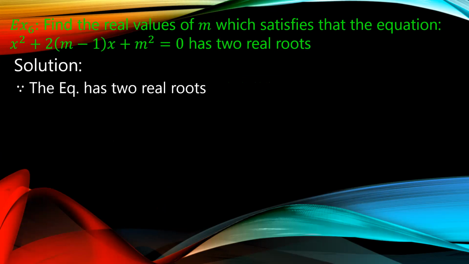Then the discriminant will be more than or equal to 0, because the two real roots may be equal or different.